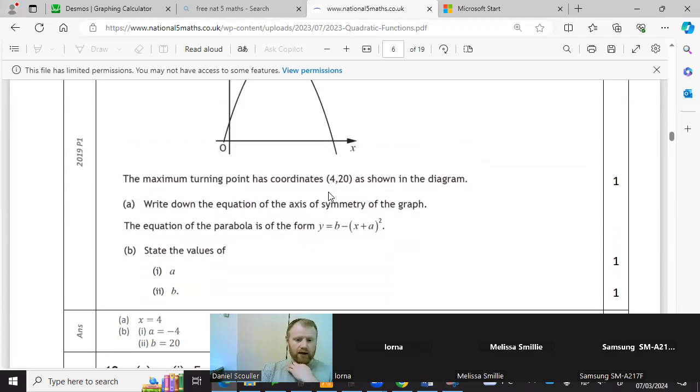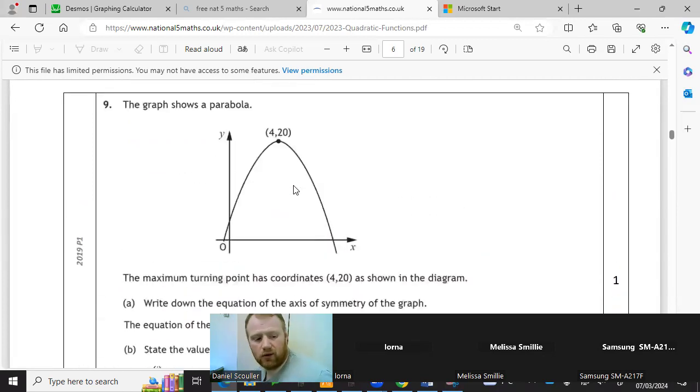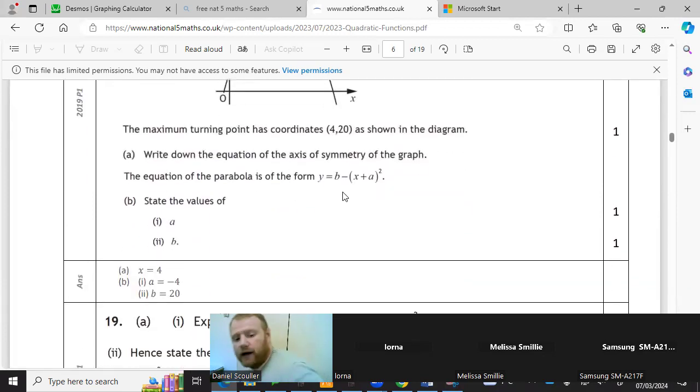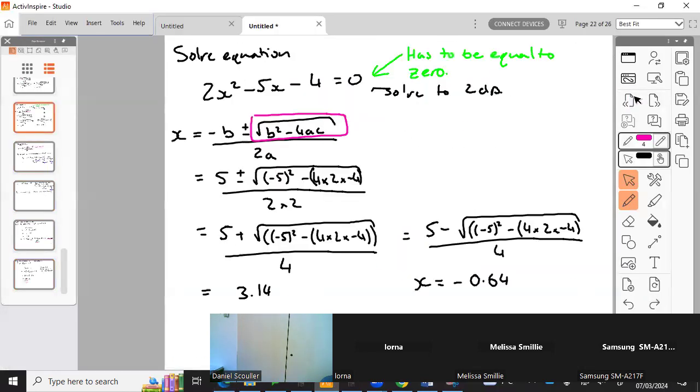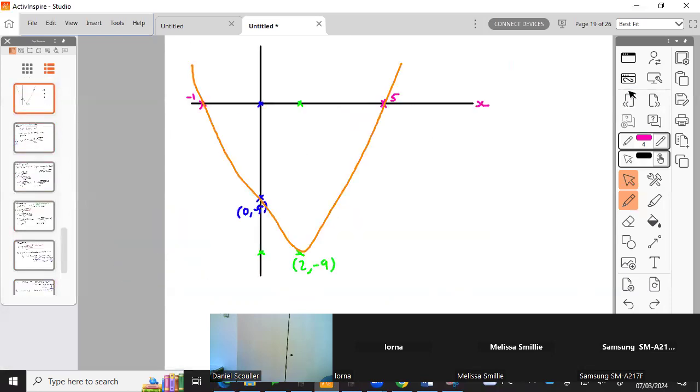Write down the equation of the axis of symmetry. The axis of symmetry is where the turning point is. Horrible question. The axis is essentially where it cuts the parabola in two. When we've been doing these parabolas, the axis of symmetry is the x value where it cuts the parabola in two.